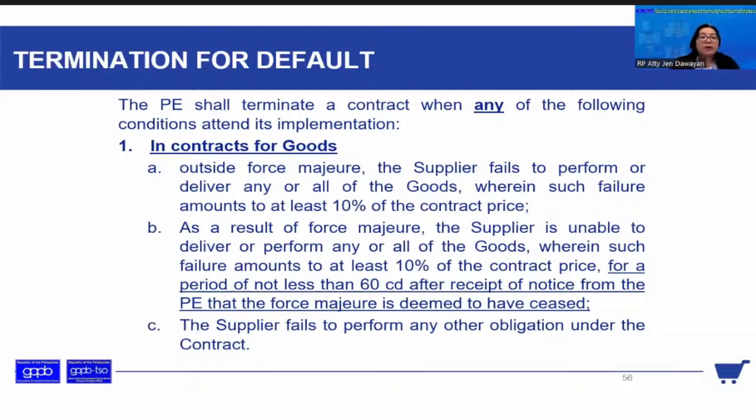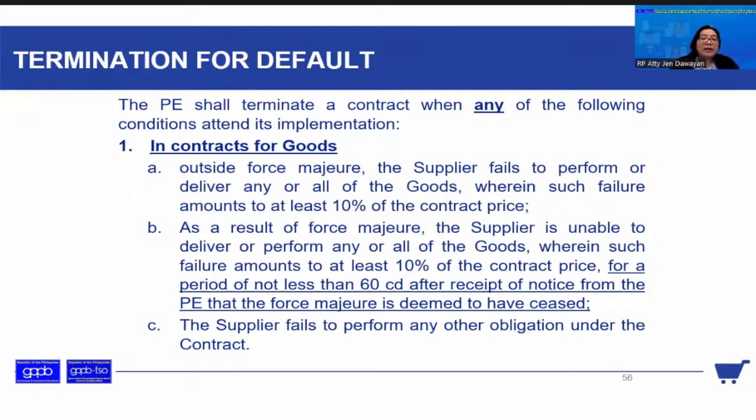So for example, there is force majeure, and then we give notice to him that he has to comply with the conditions of the contract wherein he is to perform, but he failed to perform at least 10% of the contract after such notice for a period of not less than 60 calendar days.